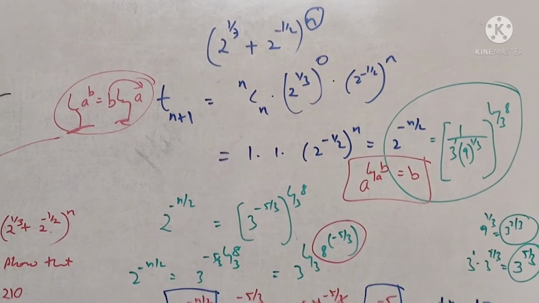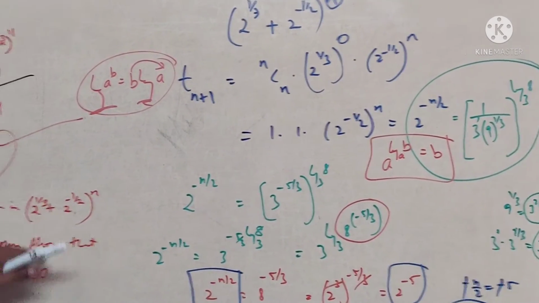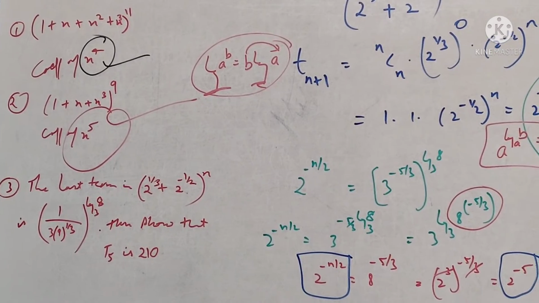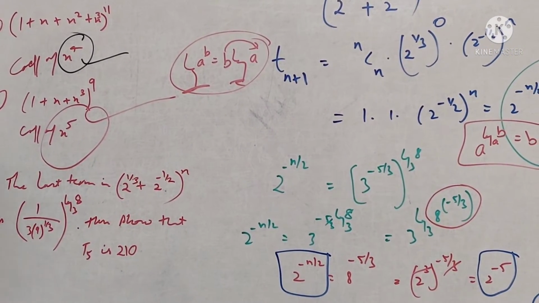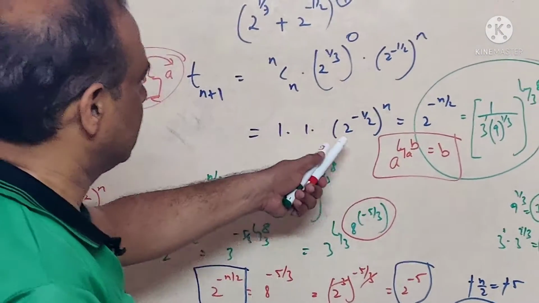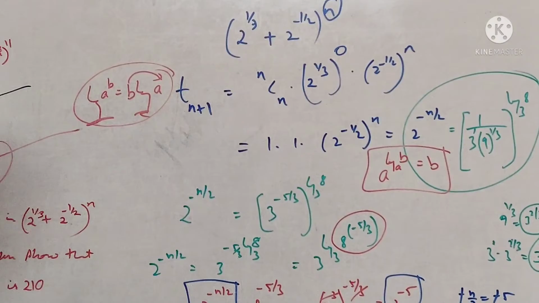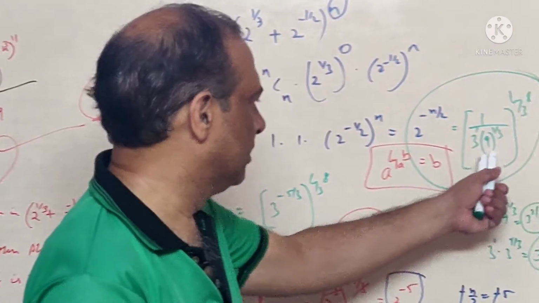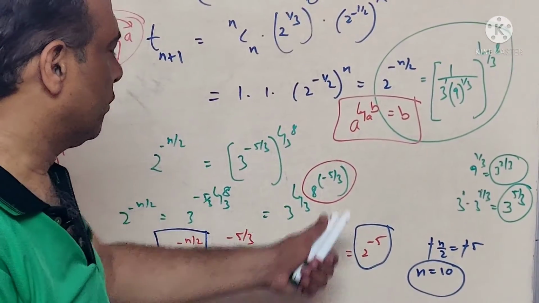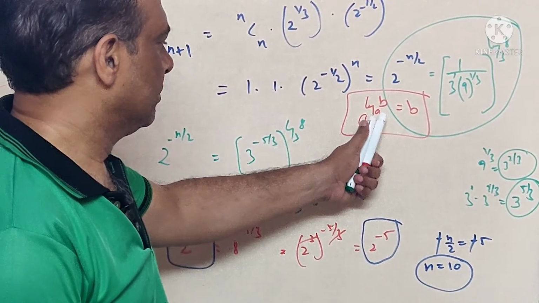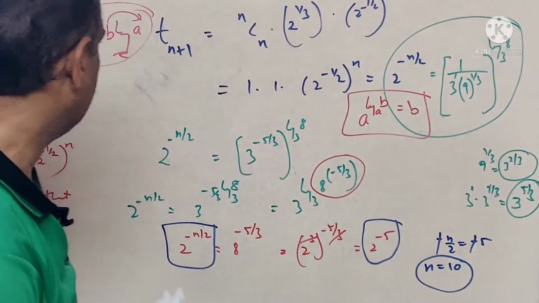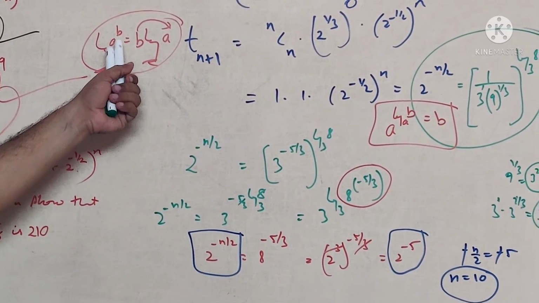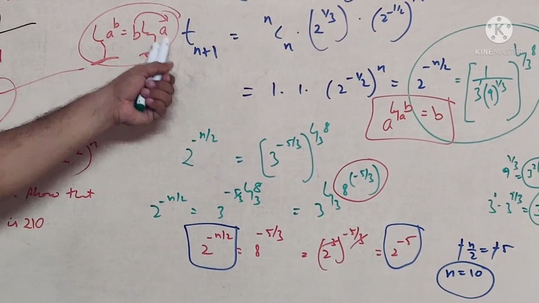You are given a binomial expansion. You have to expand it for the term t(n+1). You were given that it is equivalent to 1 by 3 into 9 raised to power 1 by 3 whole power log 8 base 3. You know the formula: a raised to power log b base a is equivalent to b, and log a power b is equal to b log a.